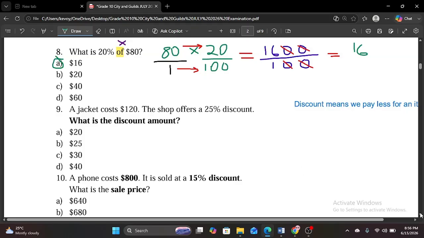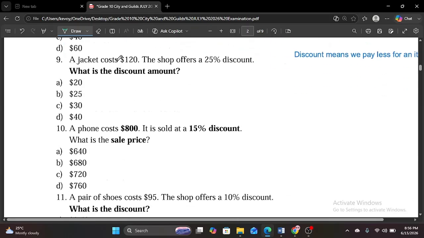Moving to question 9. So a jacket costs $120. The shop offers a 25% discount. What is the discount amount? All right, so to find the discount amount, you're going to find the amount that you will have to subtract from the original cost of the jacket. So in order to find that, we have to find 25% off the 120.